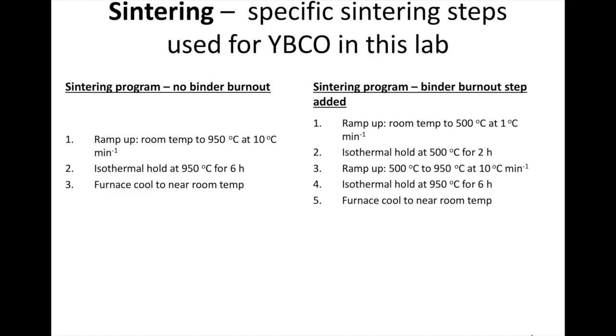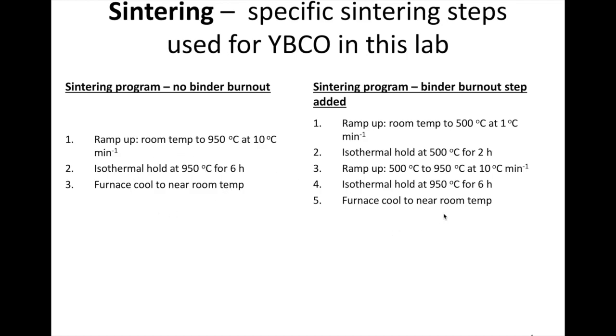After that, it holds at that temperature for 6 hours. That's our isothermal hold. Then it will furnace cool back to near room temperature so that we can handle them, governed by how quickly the heat can be removed from the furnace. That's our standard sintering protocol.